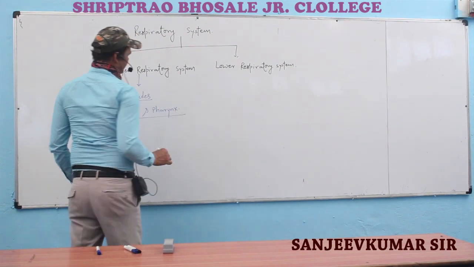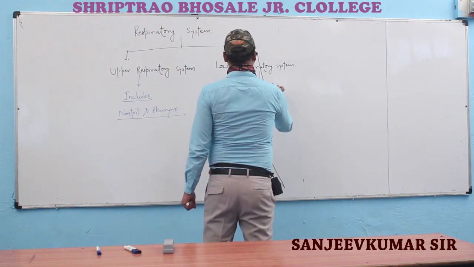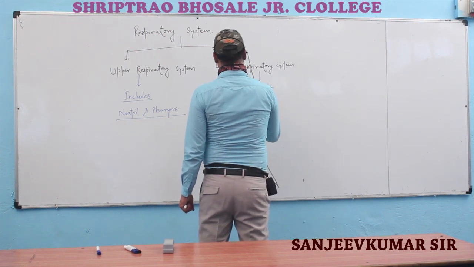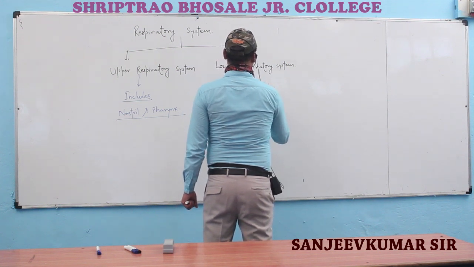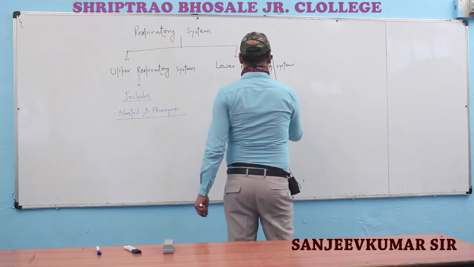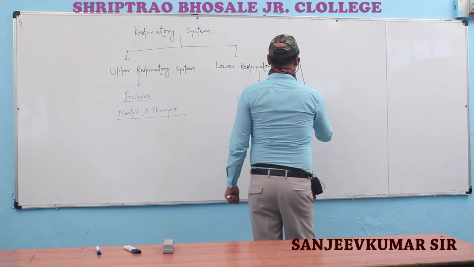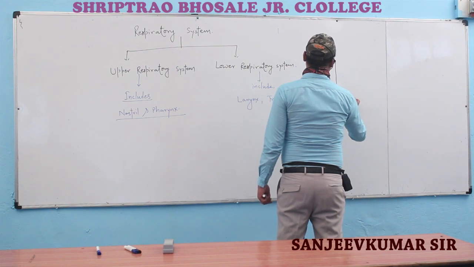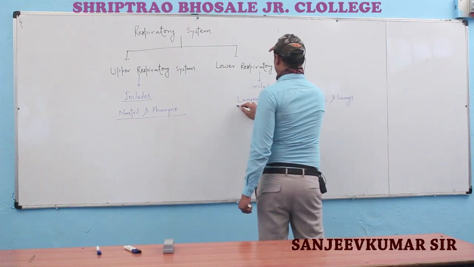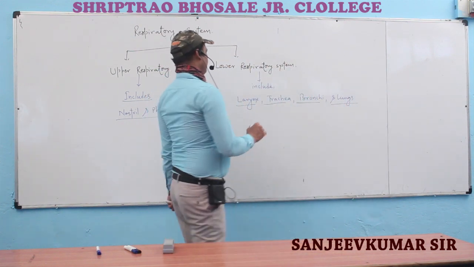The lower respiratory system includes larynx, trachea, bronchi and lungs, and diaphragm also.